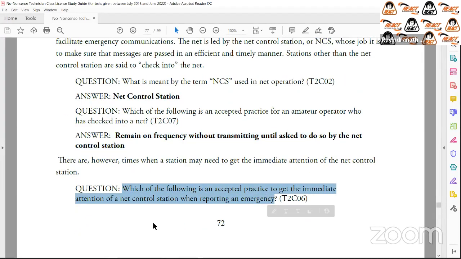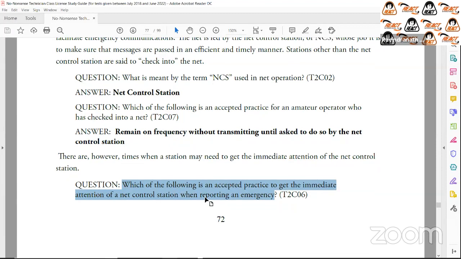Which of the following is an accepted practice to get the immediate attention of a net control station when reporting an emergency? So let's look at some keywords here: immediate attention of net control station, emergency. So you have an emergency and you want to get the attention of the NCS.